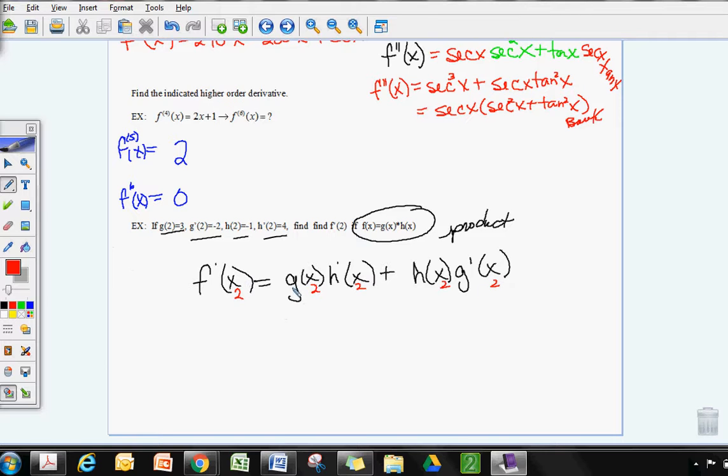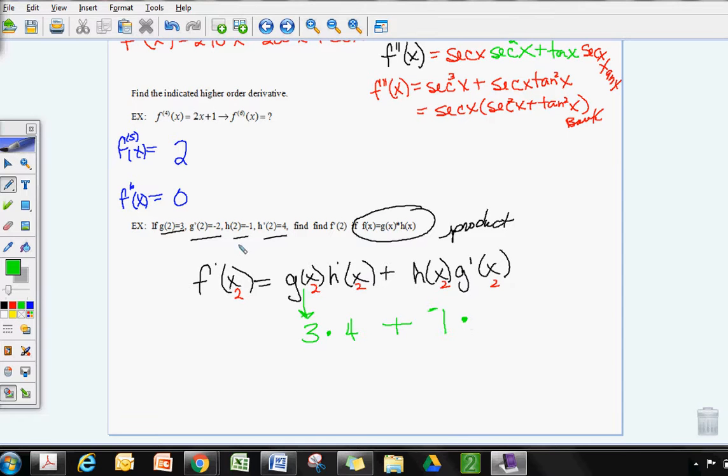Okay, so now g of 2, oh, that gets replaced with the number 3, times h prime of 2, oh, it gets replaced with a 4. Added on to h of 2, that gets replaced with a negative 1.